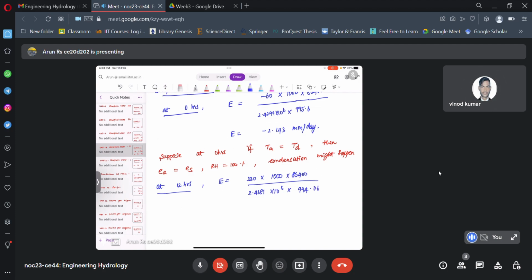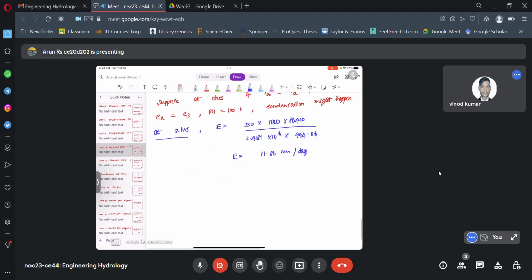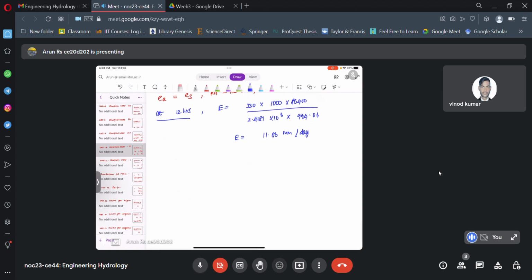Different temperature is changing. E comes out to be 11.86. So this is how you calculate the evaporation using the energy balance method without considering your sensible heat and the ground heat flux.